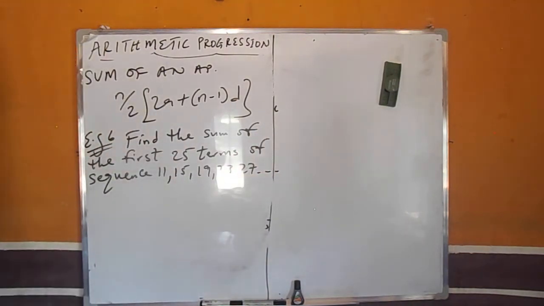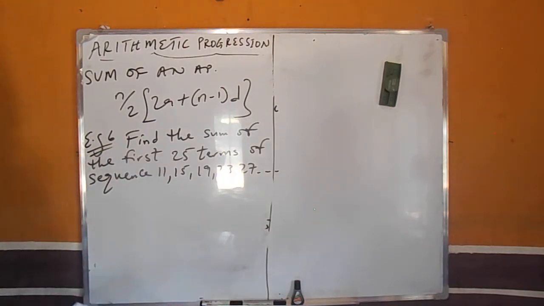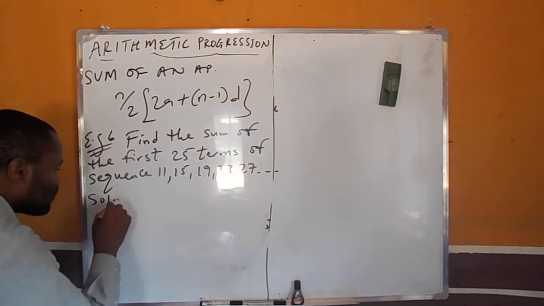If we want to look for the sum of the first 25 terms of the sequence, we now say solution.